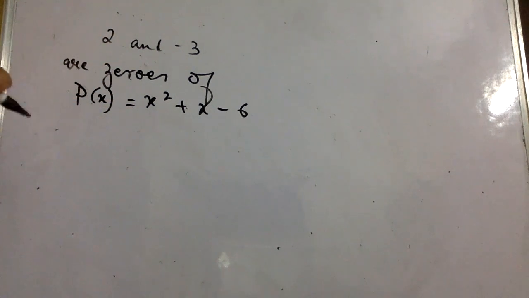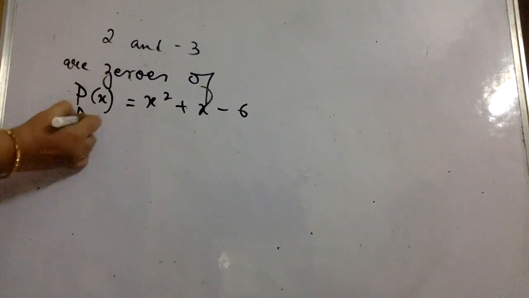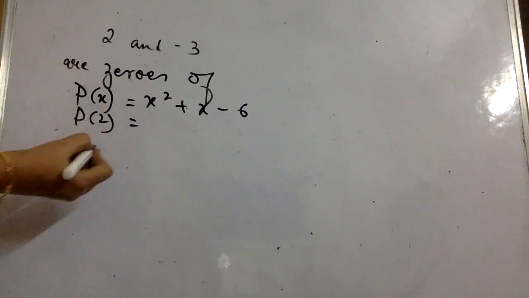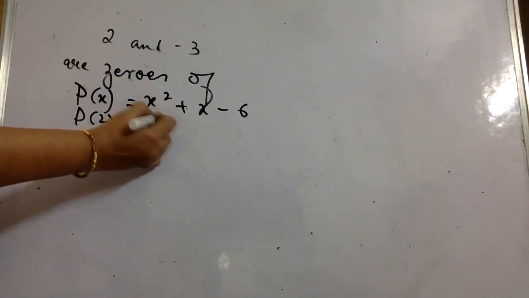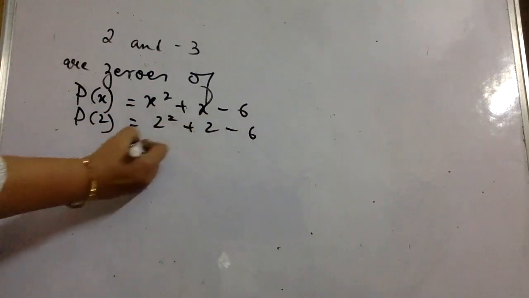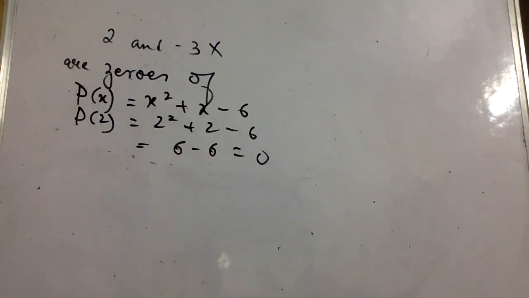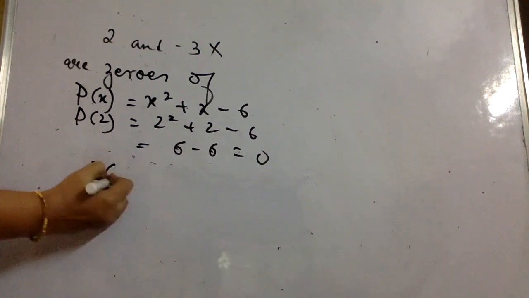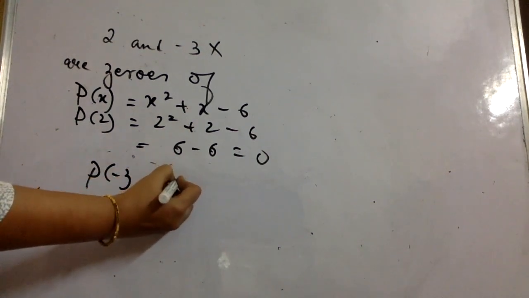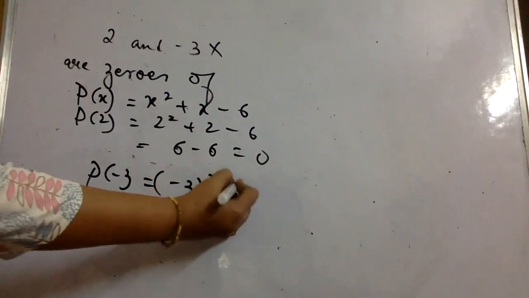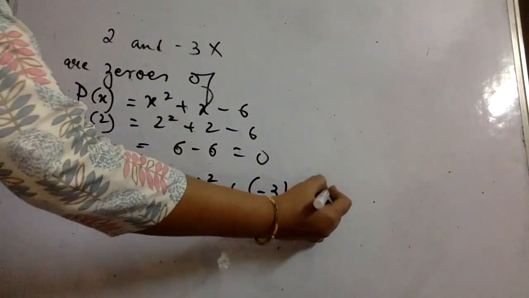Now here, if I put p(2), it is 2 square, 4, plus 2 minus 6. 4 plus 2 is 6, 6 minus 6 is 0. Now let us check the second part, p(minus 3). This is minus 3 square plus minus 3 minus 6.